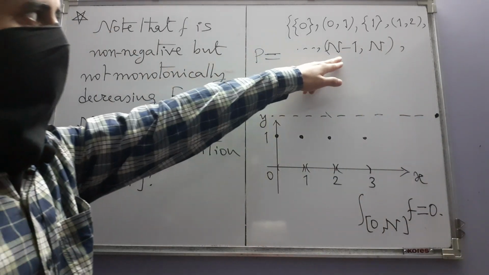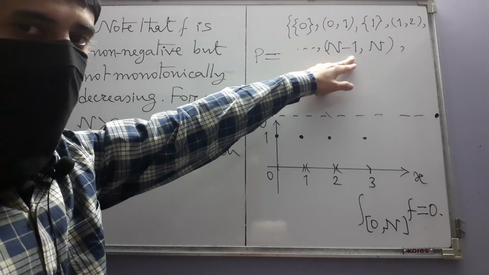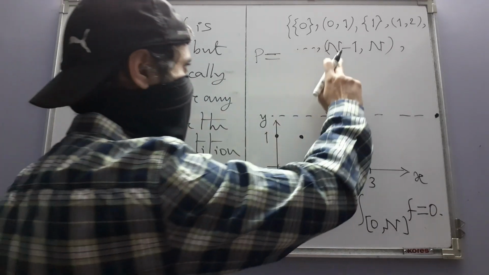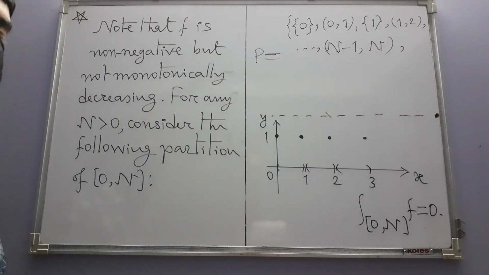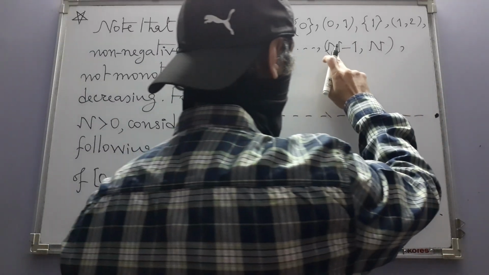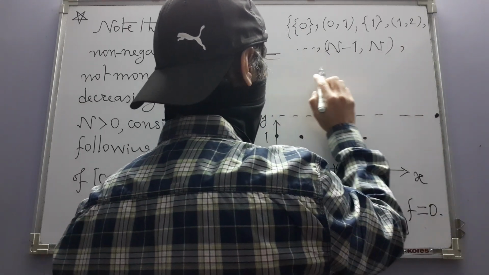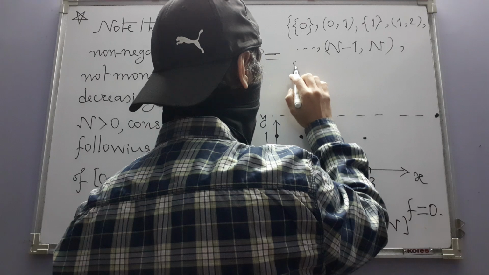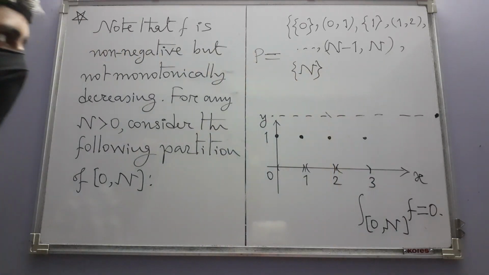You may think that this is not necessarily meaningful because n may not be an integer, but wait. This is the case where n actually is an integer. So that is one case where eventually we reach n minus 1, n, and then we end our partition with the right endpoint.